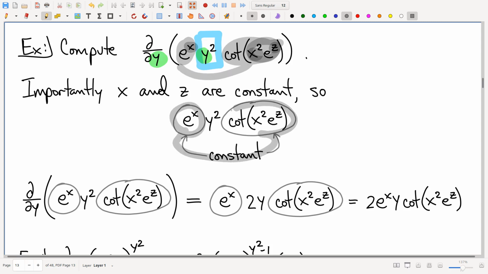Practically all of the function is a constant. There's really only one little teeny tiny itty bitty little factor in there that's actually allowed to change, right? And so in the same sense that it's easy to take a derivative of k times y squared, after all, that's really what this is. Some constant, let's call it k, times y squared.